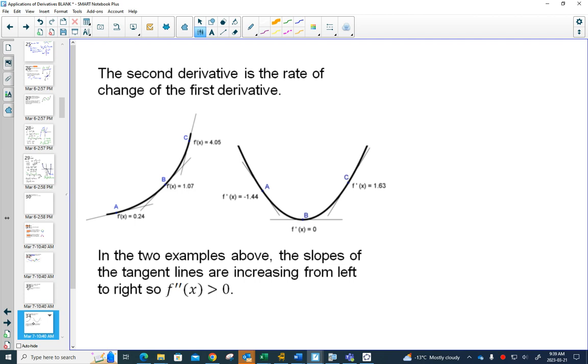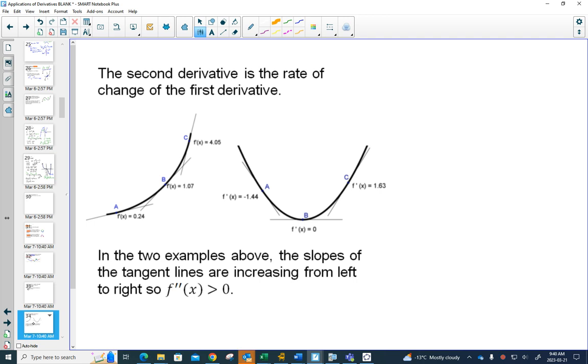Okay, so some things we know. The second derivative is the rate of change of the first derivative. Rate of change is a derivative. So a derivative of something is always the rate of change of whatever was right above it. So the first derivative is the rate of change of the regular function. The second derivative is the rate of change of the first derivative.